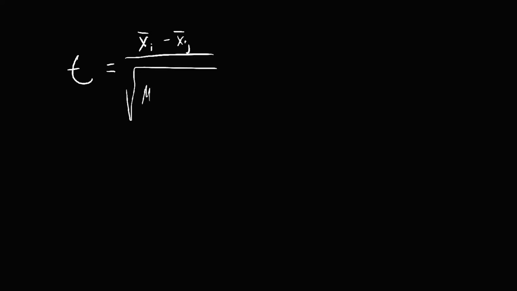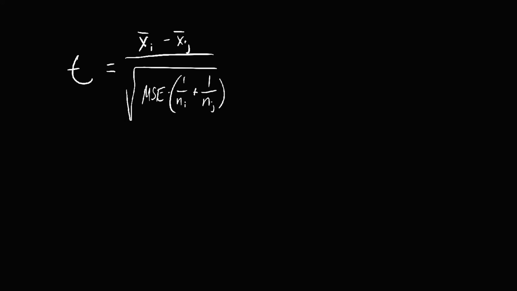So I'm going to start by writing out my test statistic t, which was x bar sub i minus x bar sub j over the square root of the MSE times 1 over n sub i plus 1 over n sub j.